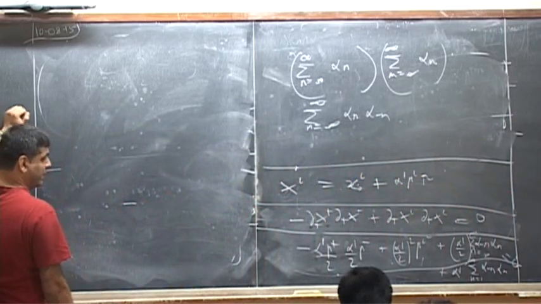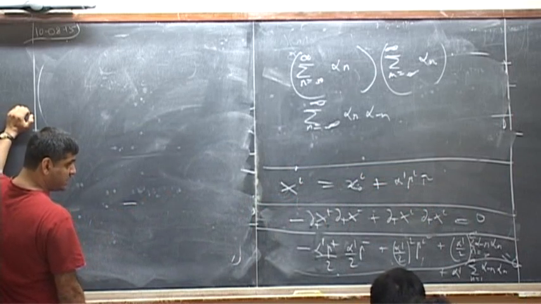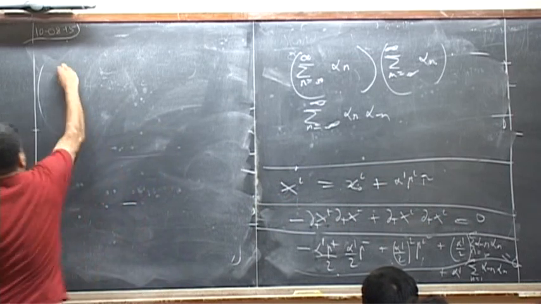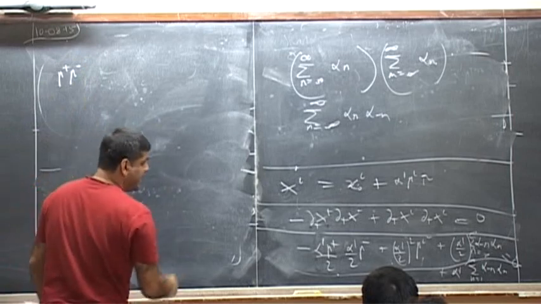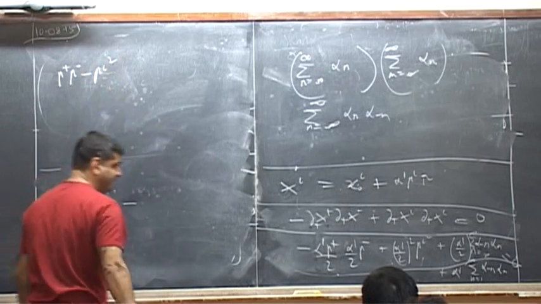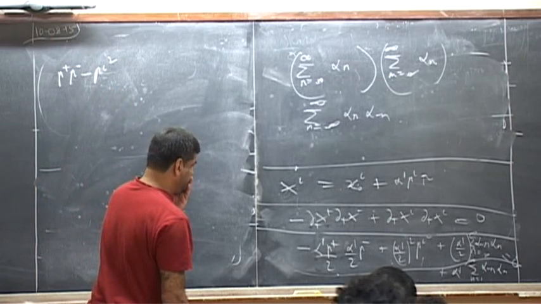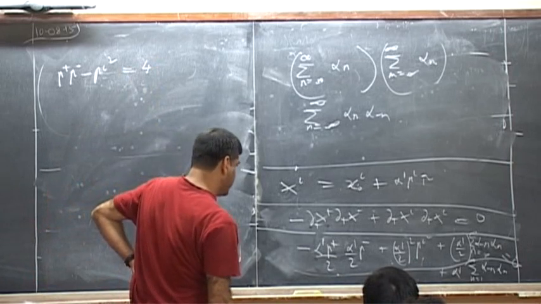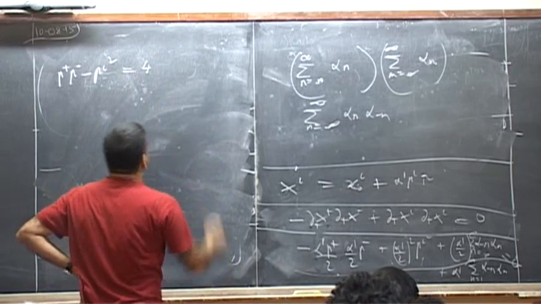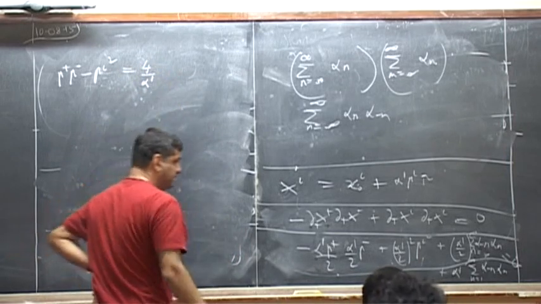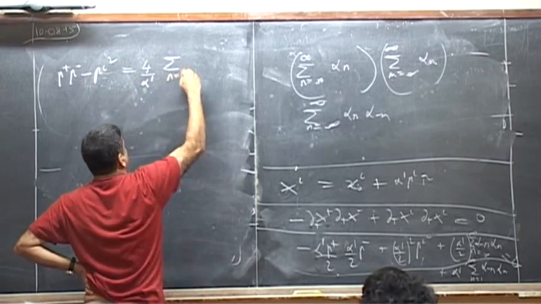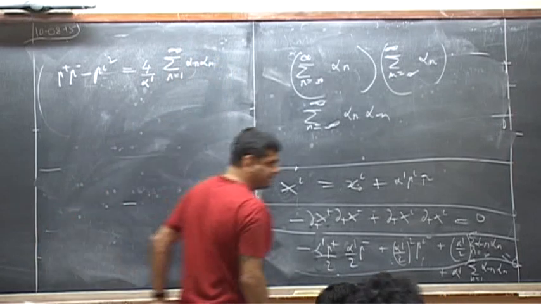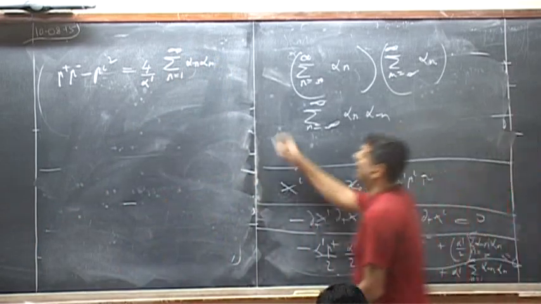So we get the following equation: p plus p minus minus p i squared is equal to 4 times the sum over n from 1 to infinity of alpha minus n alpha n, up to ordering.